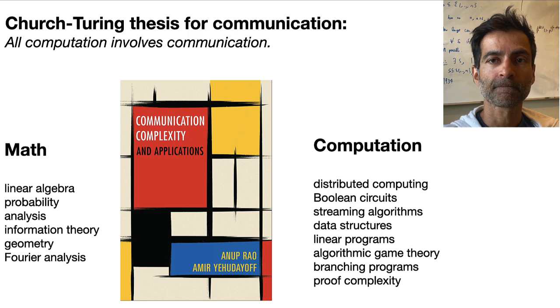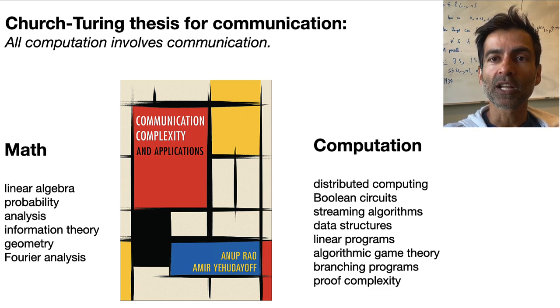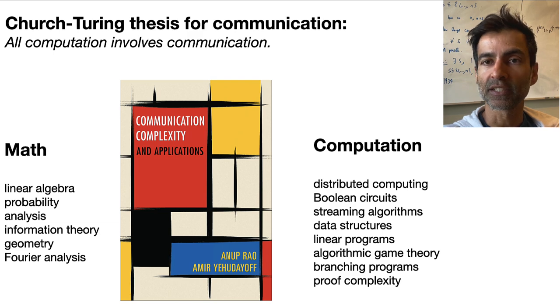I believe that to be true, and in fact, it's borne out by the history in the last 3 decades. There are all kinds of computational models, the models listed on the right-hand side here, which inherently encode some kind of communication protocol in them.